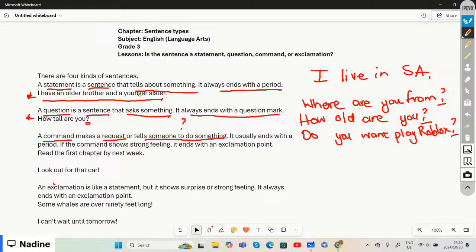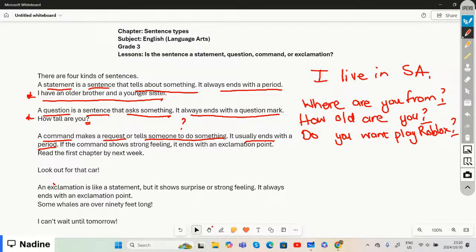And when it comes to a command type of sentence, right, it usually ends with a period. It's like saying, go and get my jollof rice. Period. Read chapter 1. Period.